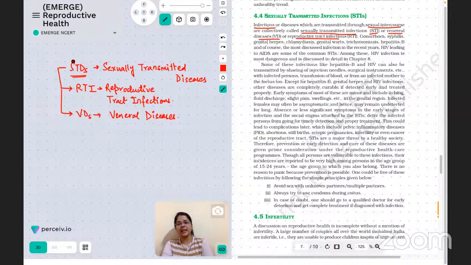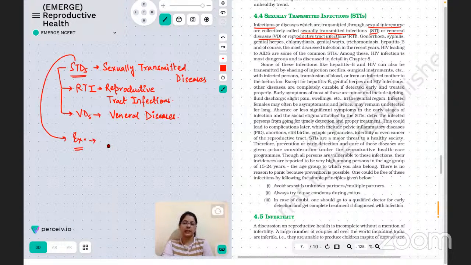The basic examples, the most common example of STDs that comes first to our mind, is AIDS, that means acquired immunodeficiency syndrome. Apart from this, there is syphilis, which is an example. Then there is gonorrhea.